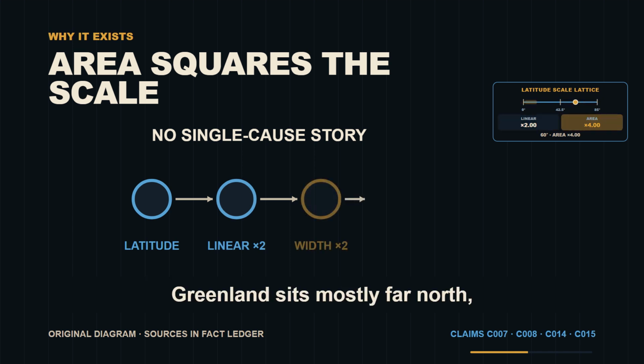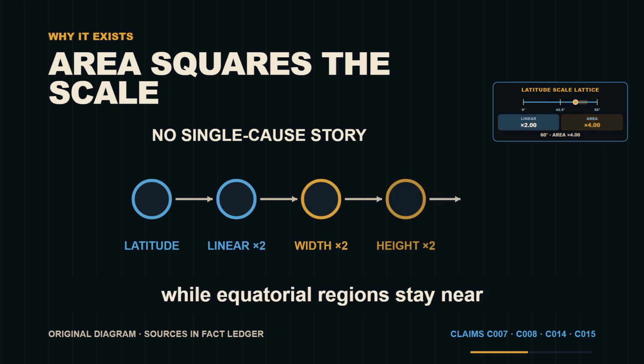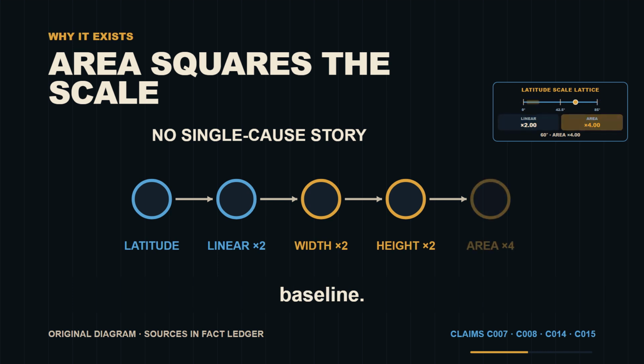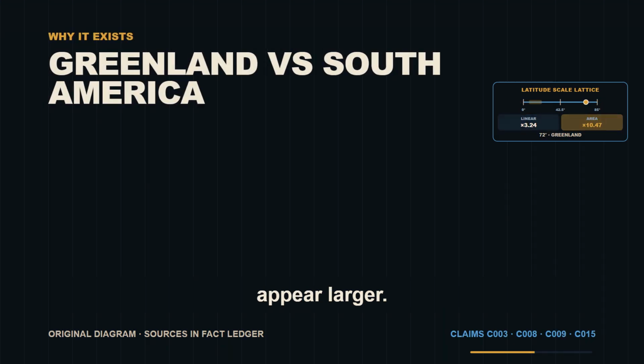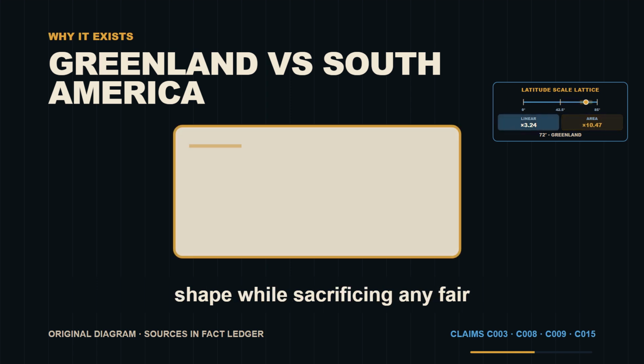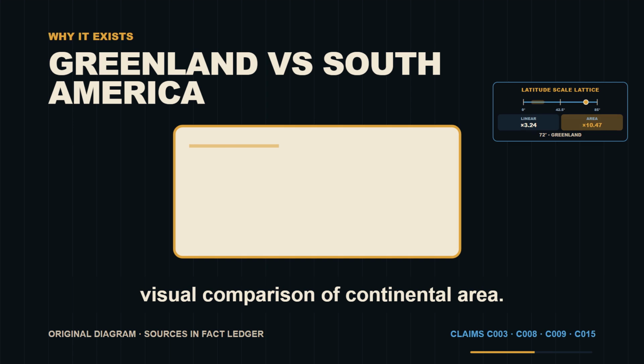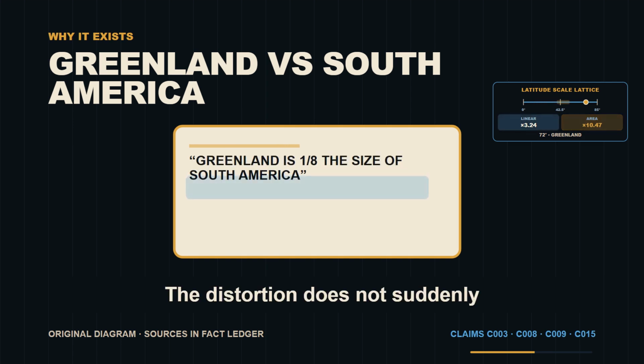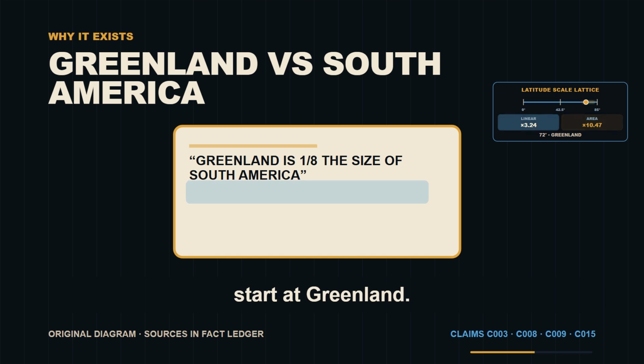Greenland sits mostly far north, where the scale multiplier is already large, while equatorial regions stay near baseline. Notes that Greenland is only 1/8 the size of South America, though Mercator can make it appear larger. The map has preserved local shape while sacrificing any fair visual comparison of continental area. The distortion does not suddenly start at Greenland.